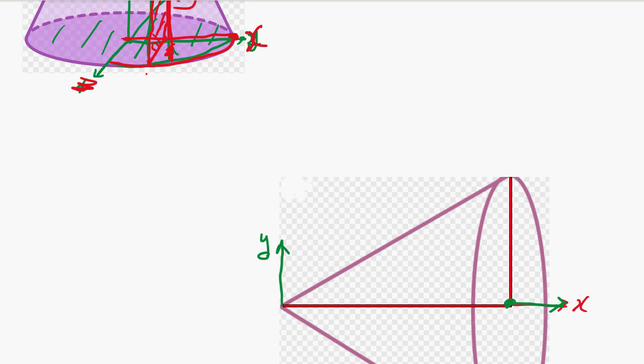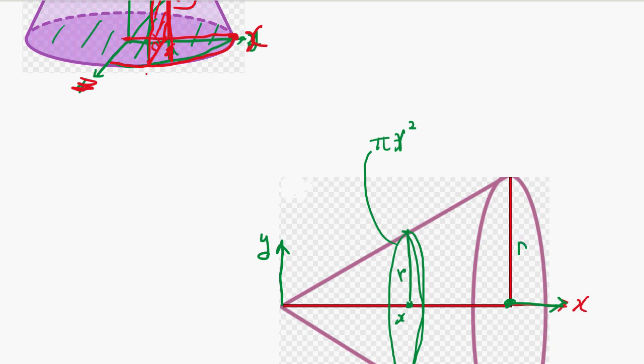Often when you calculate the volume, this kind of reorientation helps a lot, because when you take a point x here and think about this slice, okay, this is a circle. This is simply pi r square. What is r?